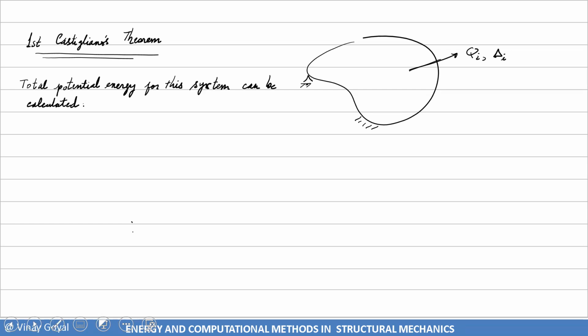And I can apply many different loads. That's Q1, Q2. You know, I can apply N loads. And I'm not using index notation here, but I'm going to violate some rules on index notation to make things easier. So the total potential energy, what first Castigliano's theorem says is that the total potential energy must be a function of those deflections that are a consequence of these loads applied.